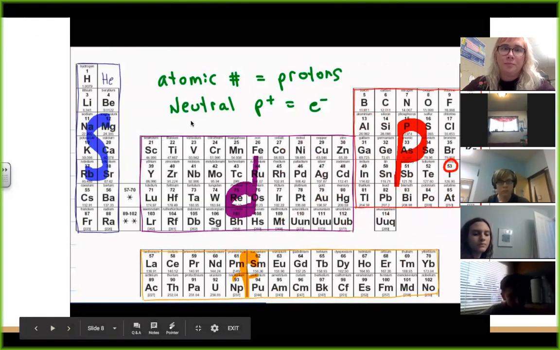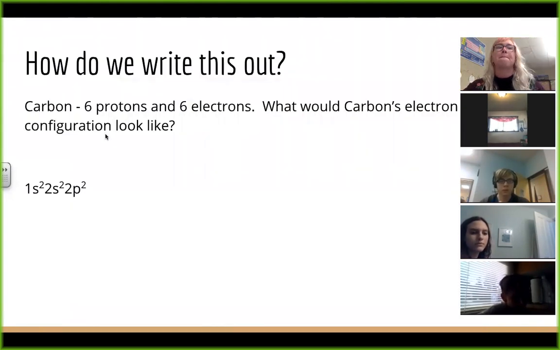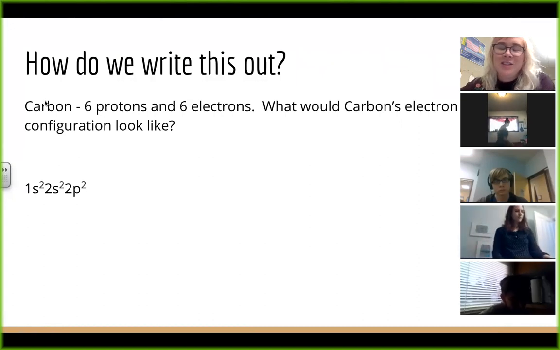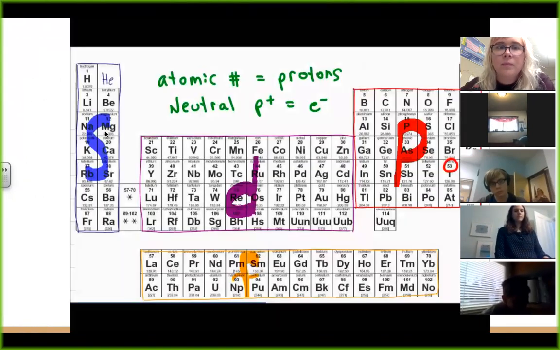So how does this work? Well, how can we write this out? So let's say that we're going to do something for carbon. Nice, easy one to start with, right? If we look at carbon on the periodic table, we see that carbon has an atomic number of 6.